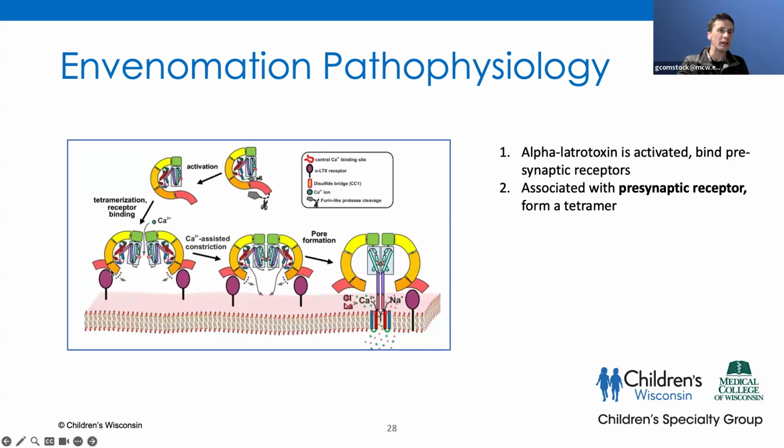And when the monomers then form a group of four, a tetramer, ultimately, what that leads to is the ability to bore down into the cell membrane and produce these non-specific cation ionophores. So these holes functionally in the cell membrane that allow free passage of calcium, sodium, etc.